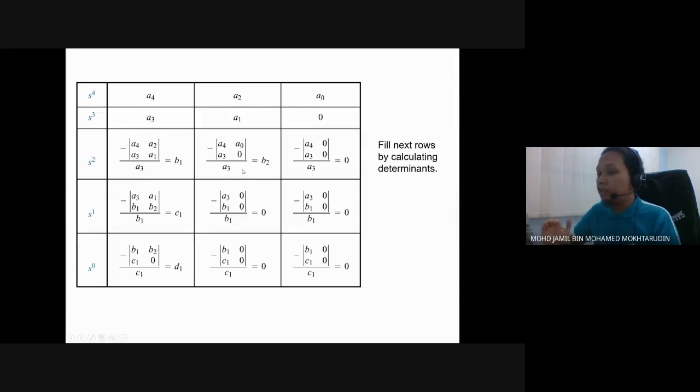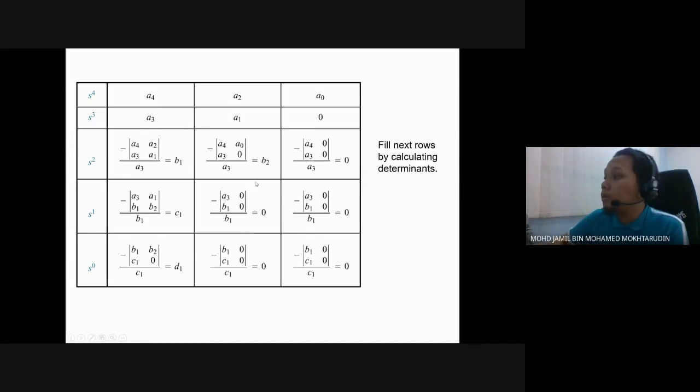You don't need to memorize the determinant itself, but you need to memorize how to determine the values inside it. For s2, you take the four values above it: the determinant of A4, A3, A2, A1, with a negative sign, divided by A3, the box directly above. This is for the first box.